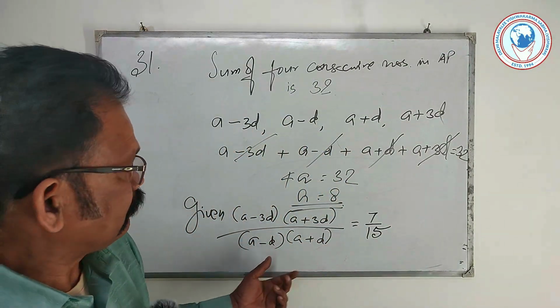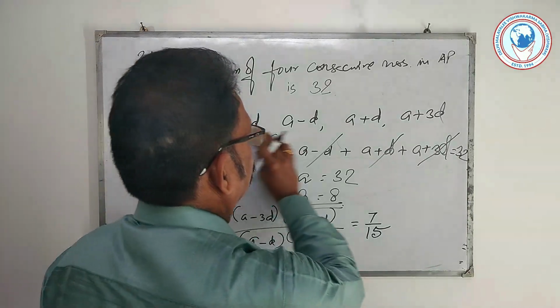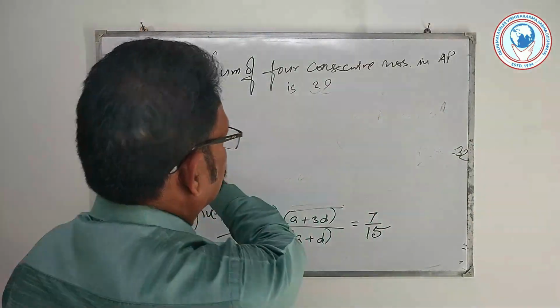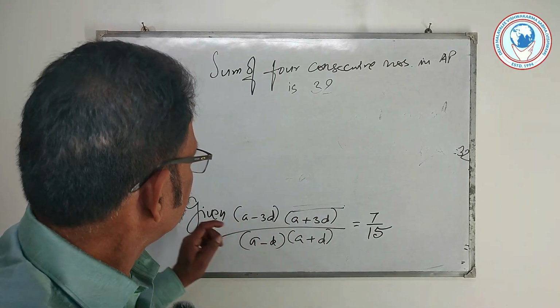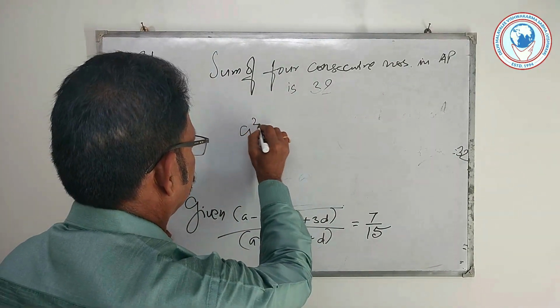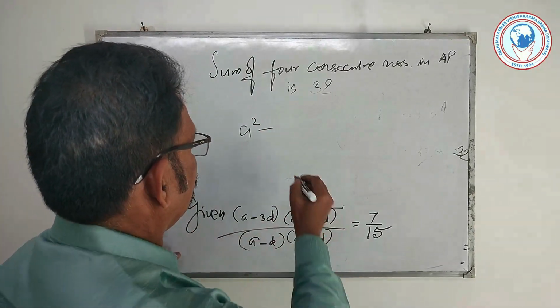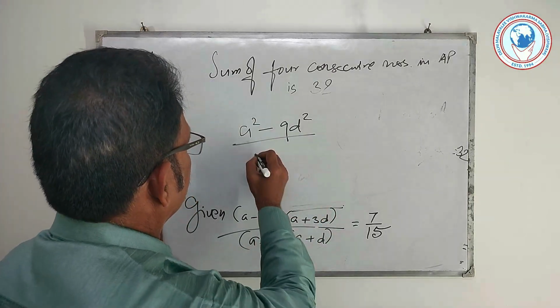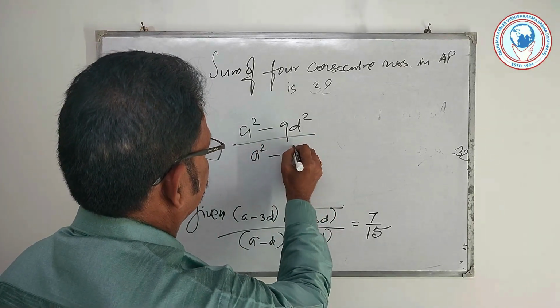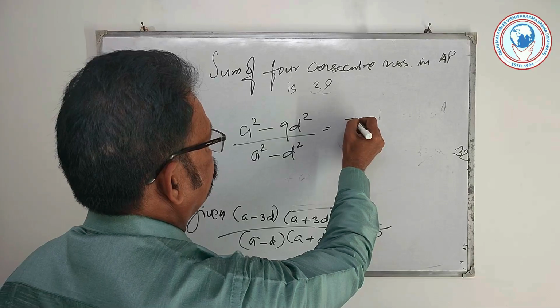This is the condition given. So a plus b into a minus b, we get a square minus 9d square divided by a square minus d square equals 7/15.